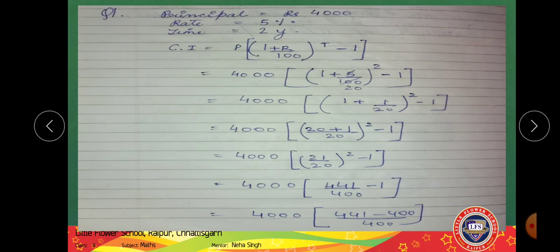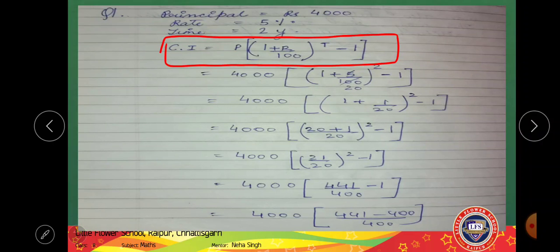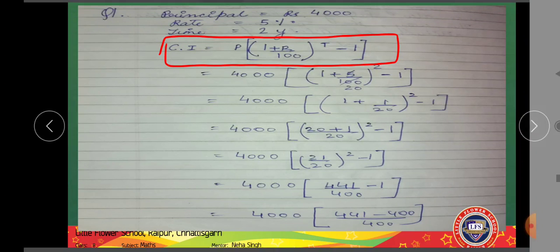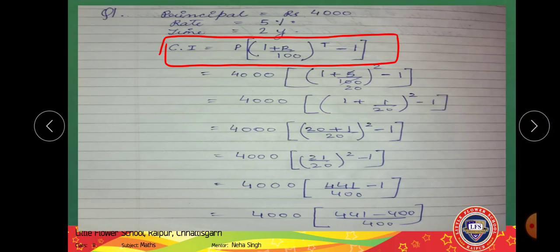Now how are we going to solve? We need to find the compound interest. First of all, we are going to write the formula for compound interest, right, which is CI equals P into 1 plus R upon 100 power T and -1.